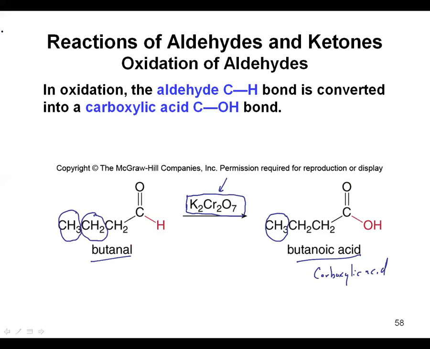That's CH2, exactly the same. That carbon is exactly the same. That double bonded oxygen did not change. The only difference is we insert an oxygen. And this would be our oxidation reaction going from an aldehyde on the left to a carboxylic acid on the right. Any questions on that?